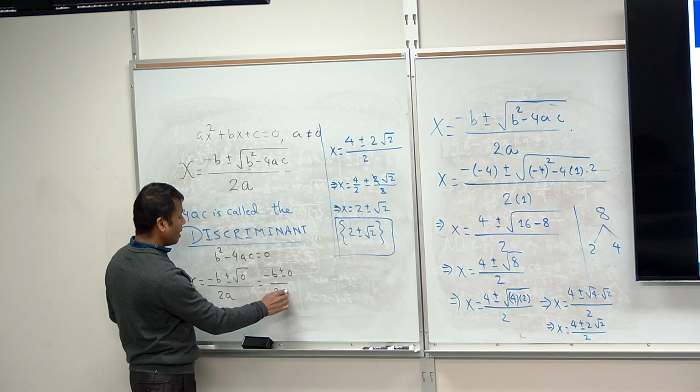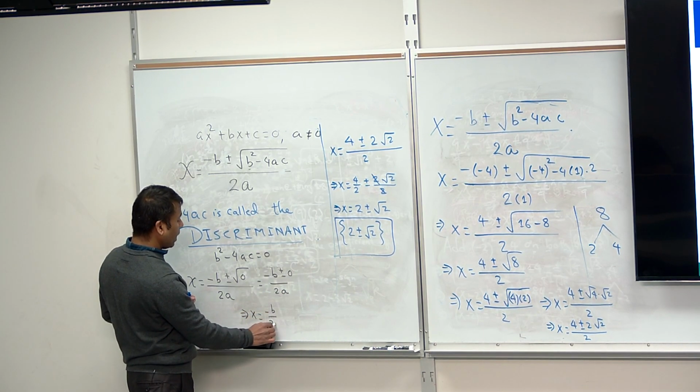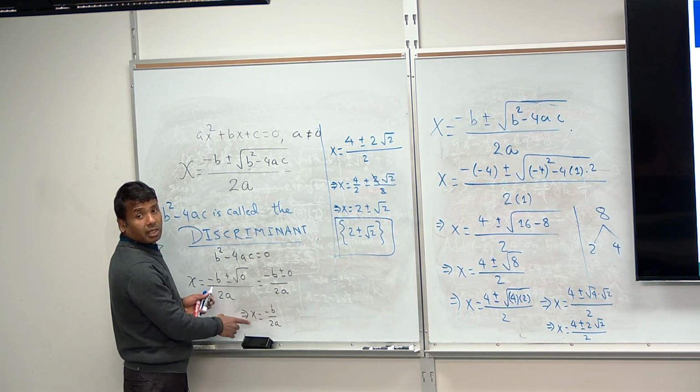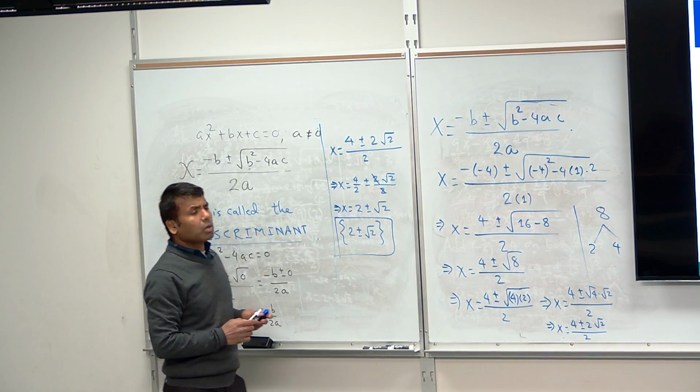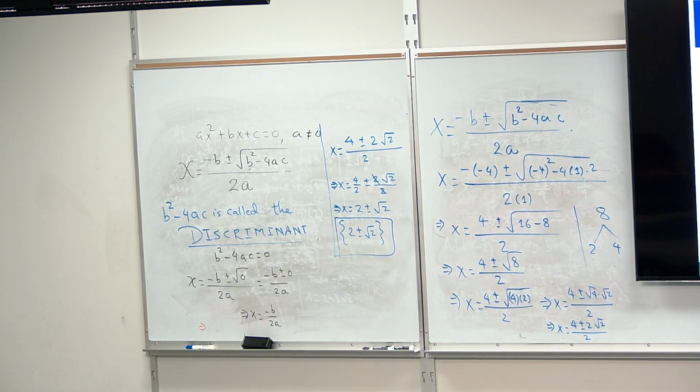Over 2a. So that will give you x equal to negative b over 2a. So you see, you have only one solution. If the discriminant is 0, then the quadratic equation will have only one solution, and that solution is rational.